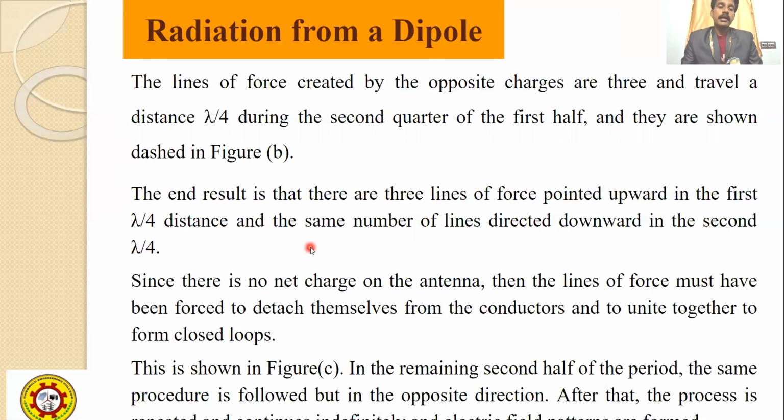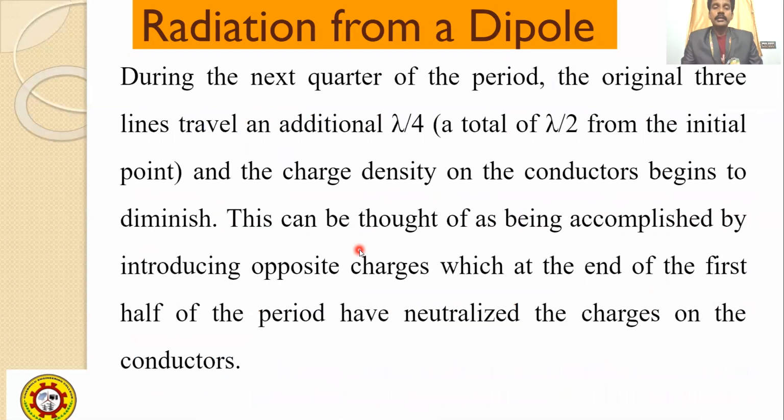The end result is that there are three lines of force pointed upward by lambda by 4 distance, and a number of lines directed downward, another lambda by 4. Since the net charge on this antenna is zero, the lines of force must detach from the antenna to form encircling loops.